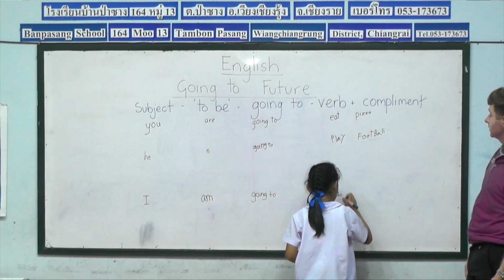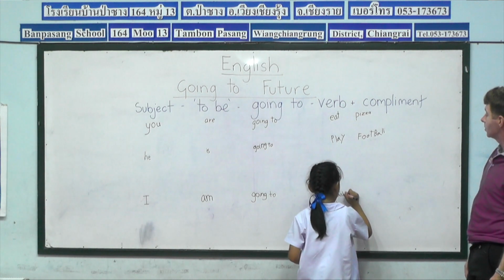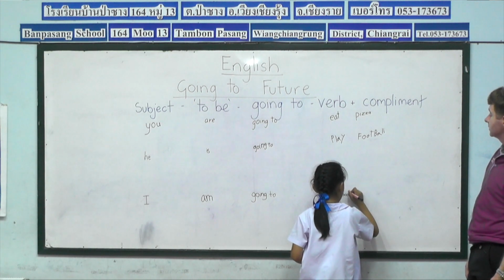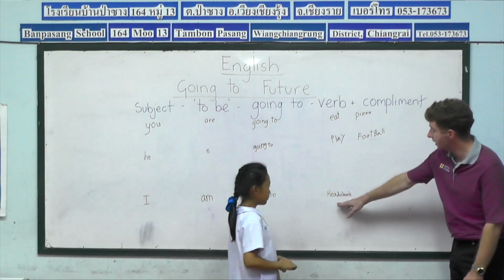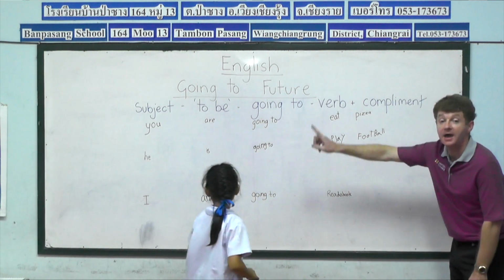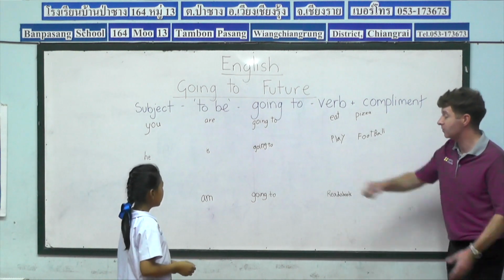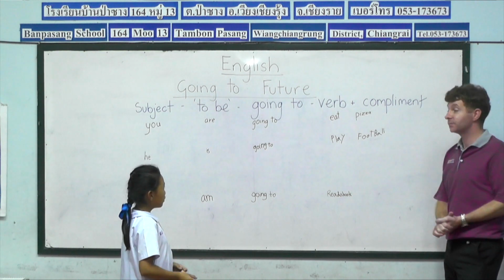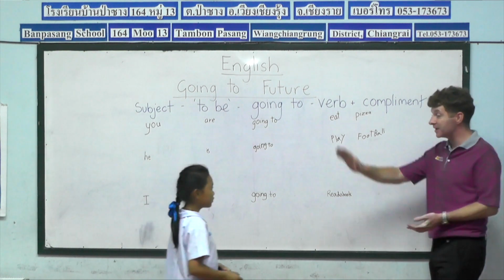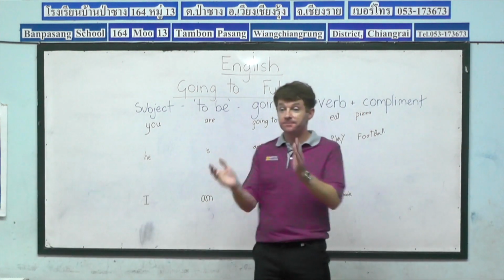B-O-O-K. Okay, they're quite close together, but we can see them. So all together, I am going to read a book. Nadia, that was excellent. Very well done. High five. Big round of applause for Nadia.